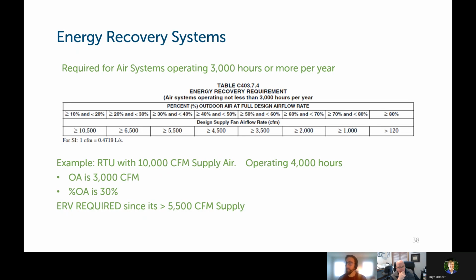That's what this rooftop unit would fall under. Then you go down, and if you are greater than or equal to 5,500 CFM of total design airflow, you would need energy recovery. This is a 10,000 CFM rooftop unit, so an energy recovery system would be required for it.